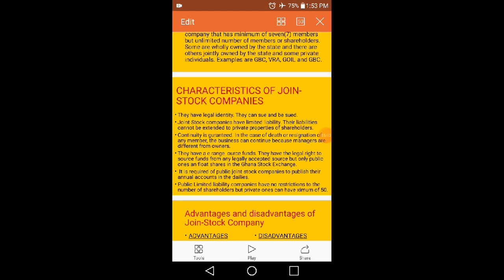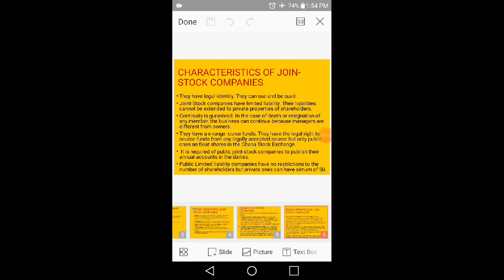Joint stock companies also have a wide range of sources of funds.